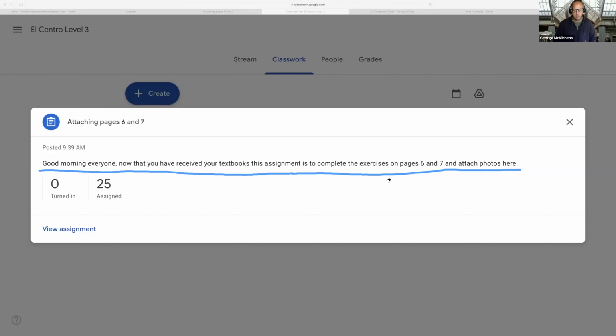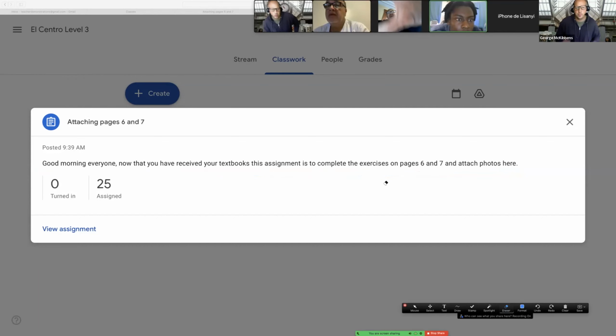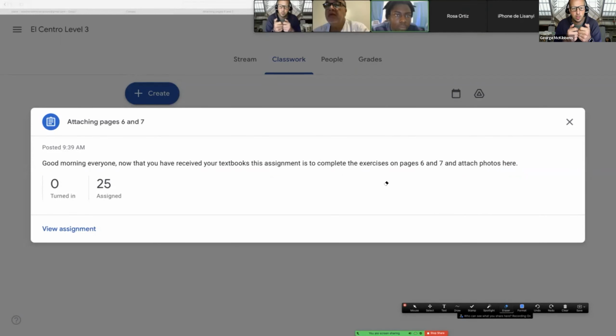Beautiful, beautiful. So usually the homework, Teacher Ben will give it to you on WhatsApp. We want to start moving away from homework on WhatsApp and then just keep the homework here on Google Classroom. Because when you get to the upper levels, level 4, level 5, level 6, and then going on to college, everything is on Google Classroom.